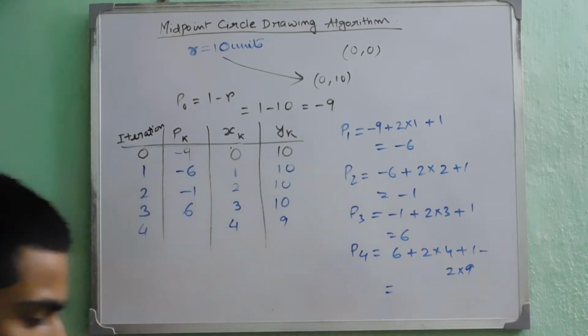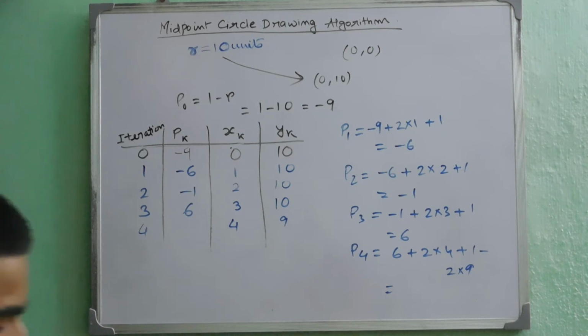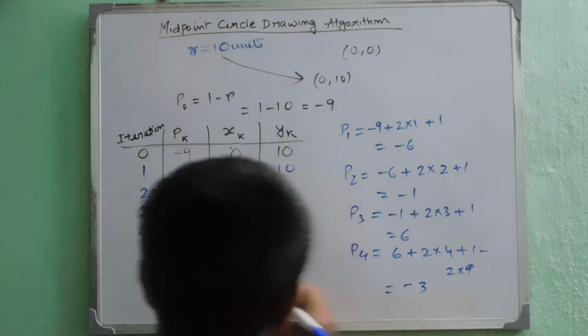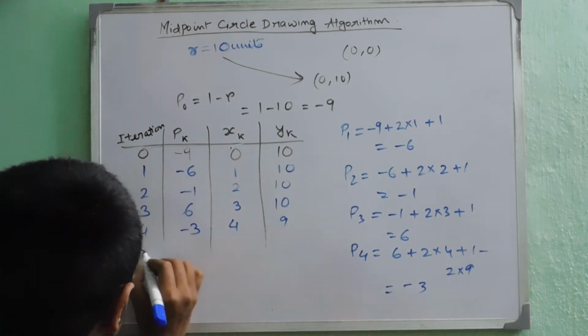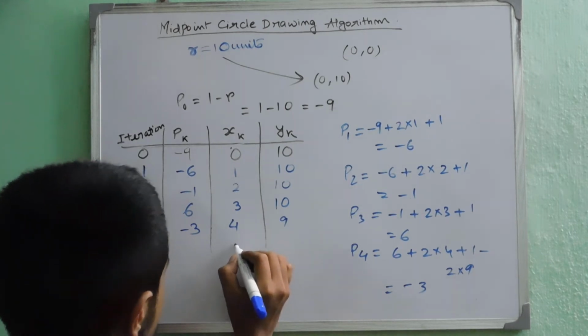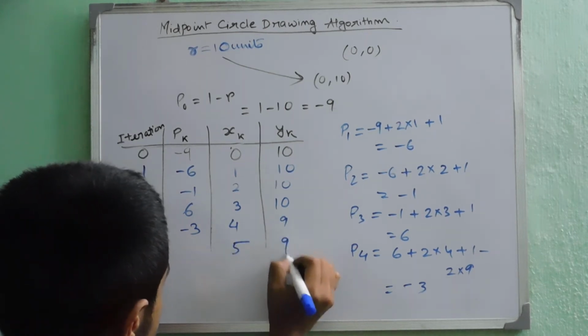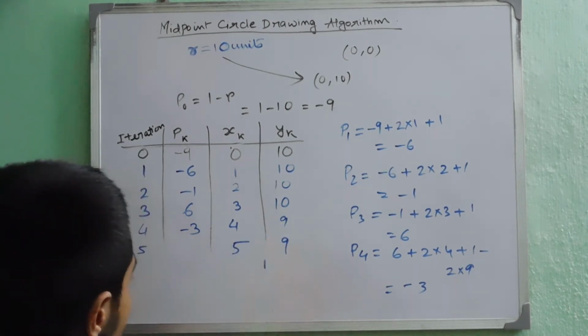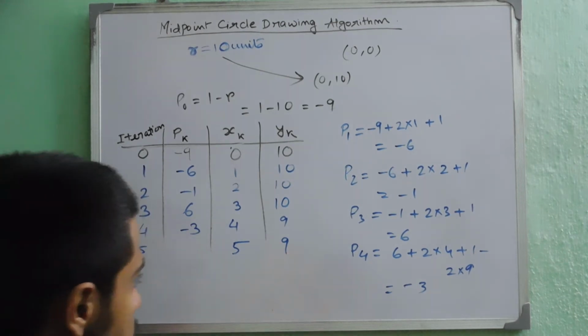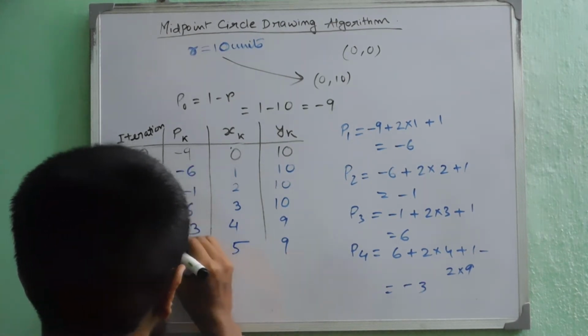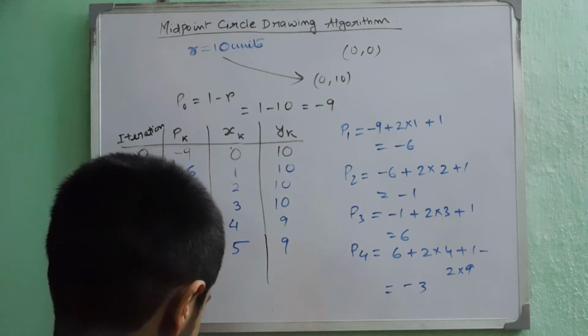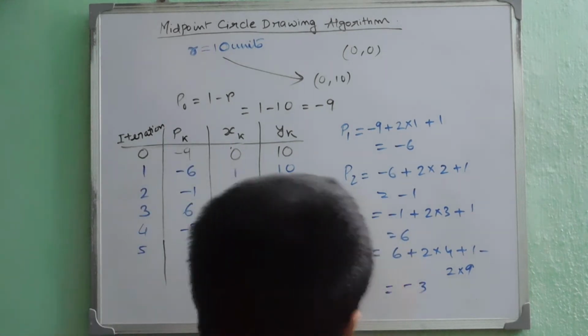This will be equal to minus 3. Now for the next one, x will increment and y will remain the same. So now we will calculate p5.